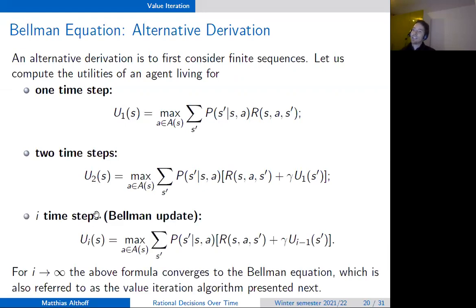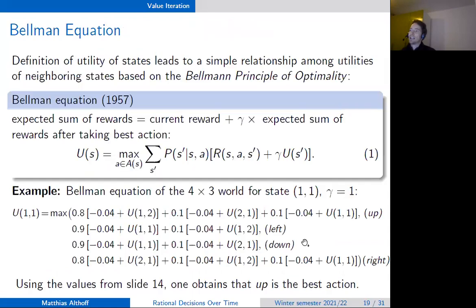And if you want to have the utility for i steps, then you have the immediate reward plus the reward for all the time steps following from i minus 1 up to 1. And of course, if i goes to infinity, then this converges and the index is removed. So this index is removed and this index is removed, and then you end up with this formula.